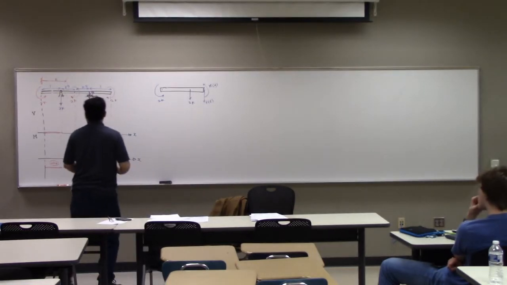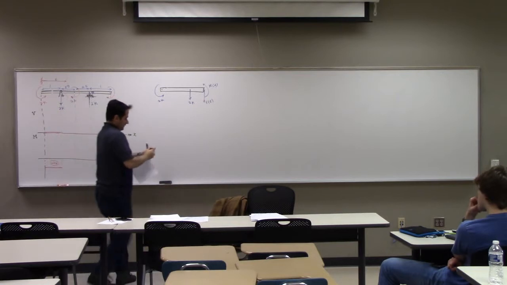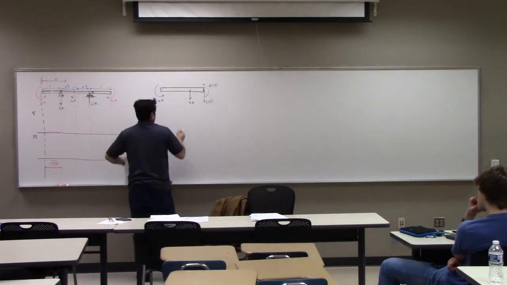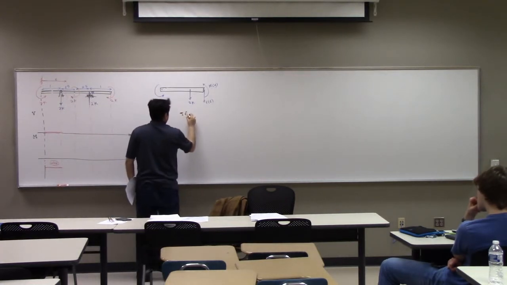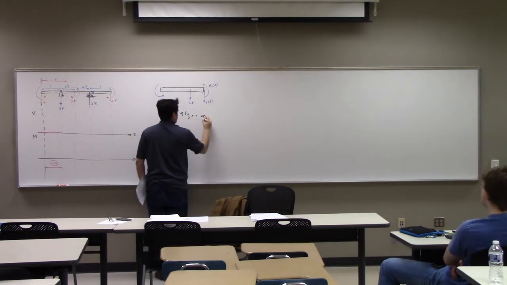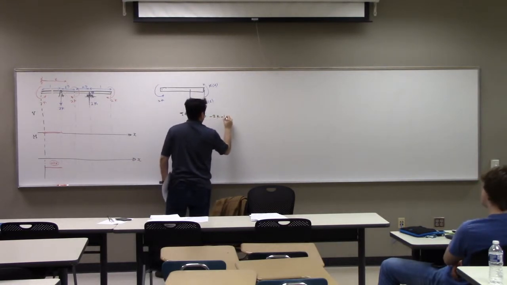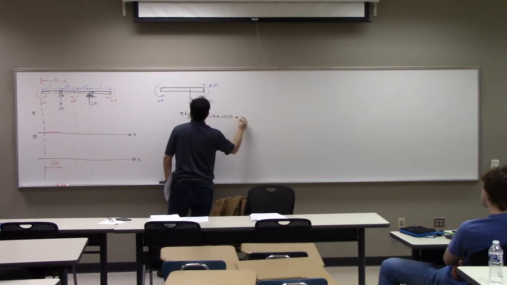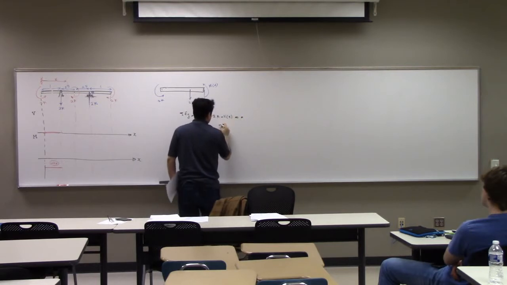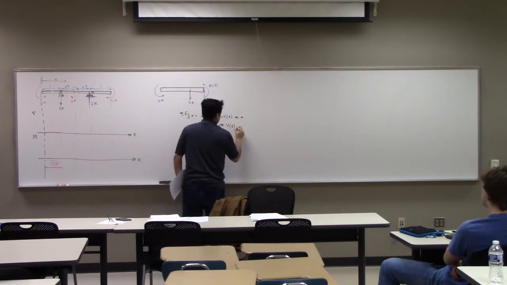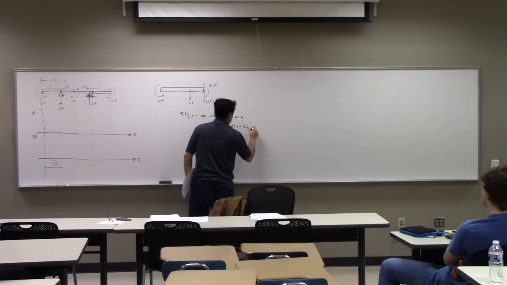That's all you get, right? So again, summation of force in y is 0, that will give you negative 2k, negative dx, is equal to 0. That means your shear load is negative 2 kilonewton.